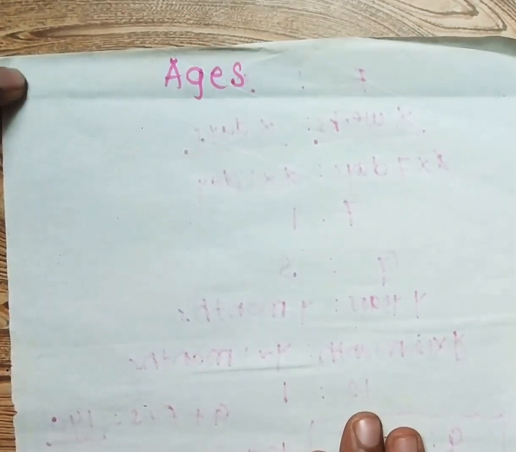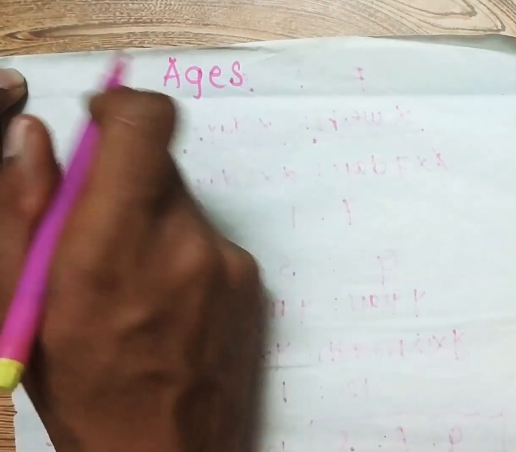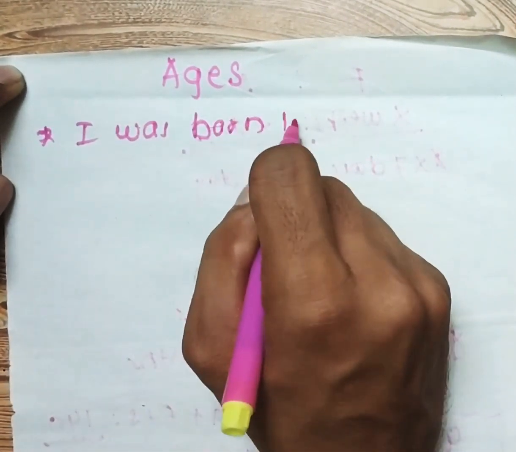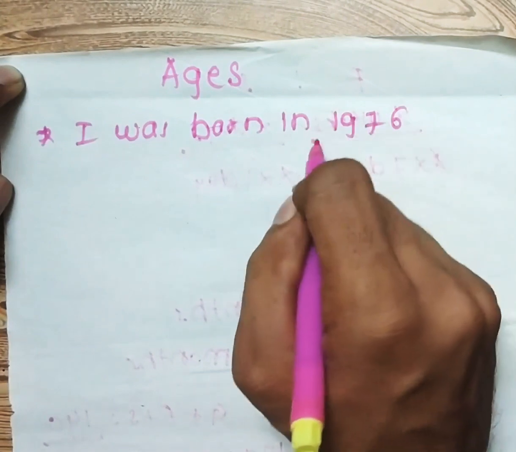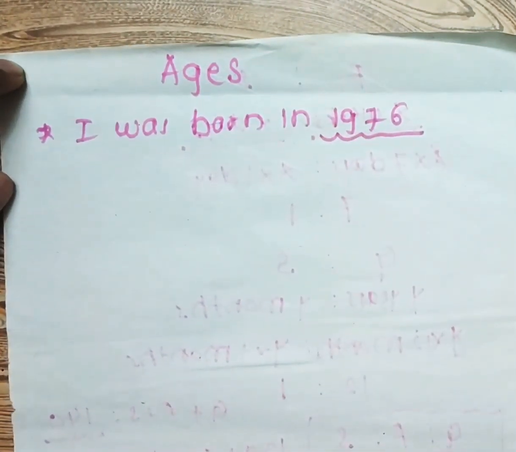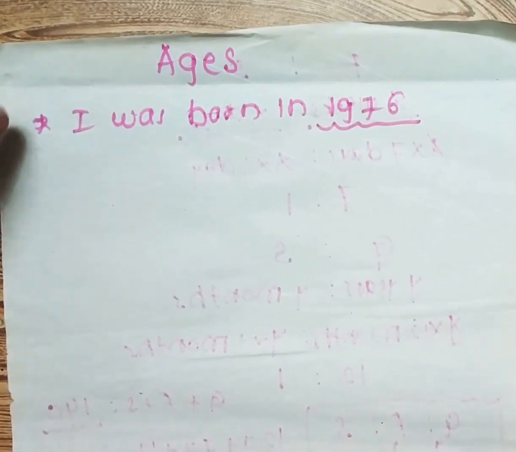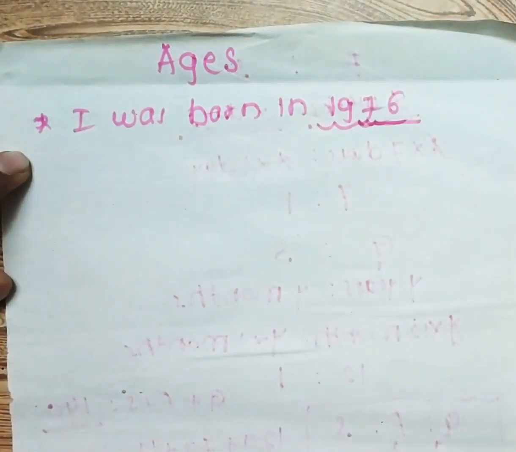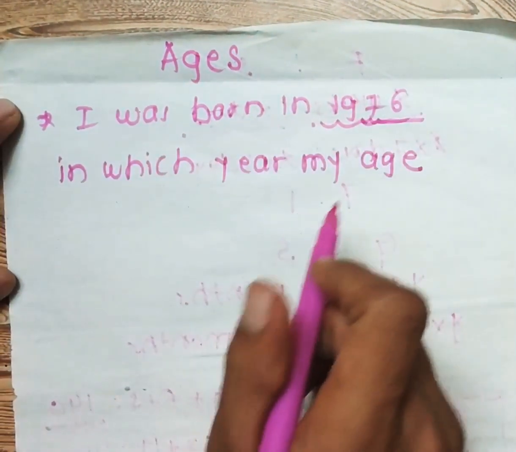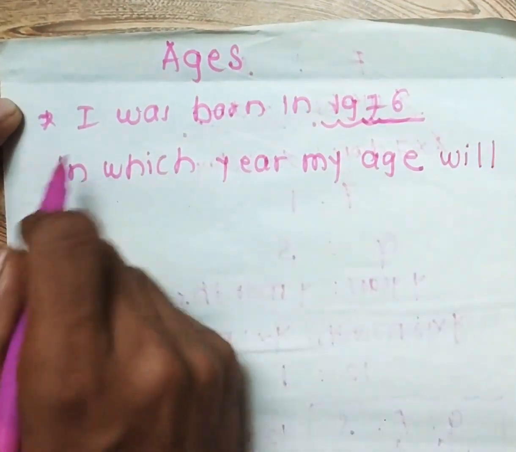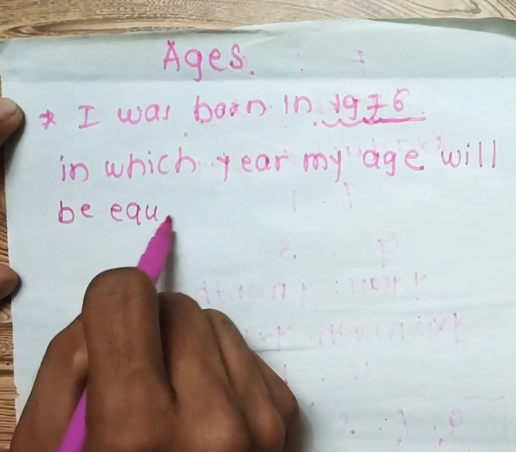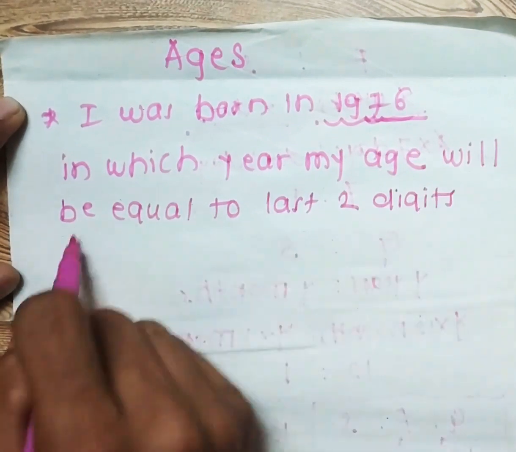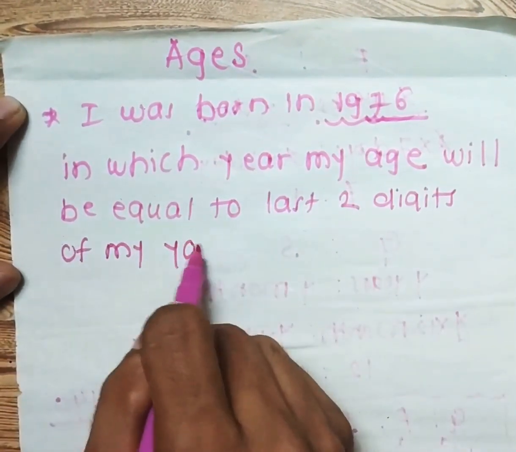If I say I was born in 1976, and I ask you the question: in which year will my age be equal to the last 2 digits of my year of birth?